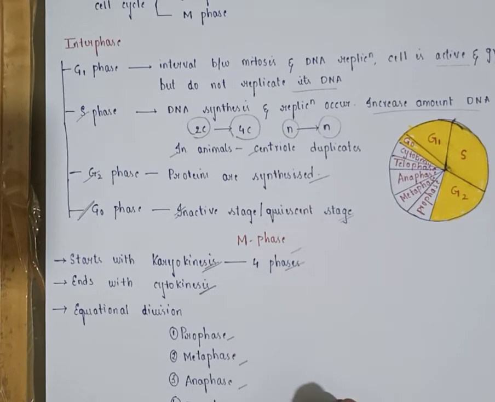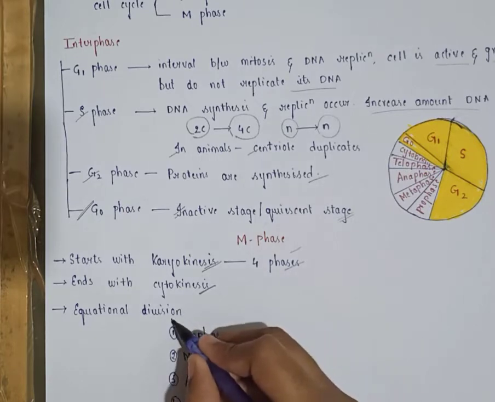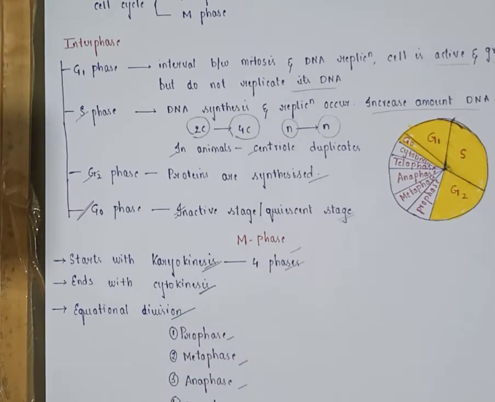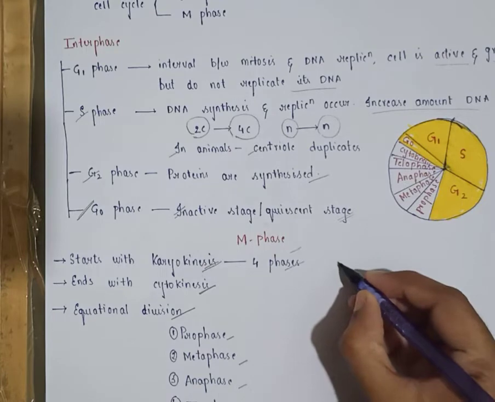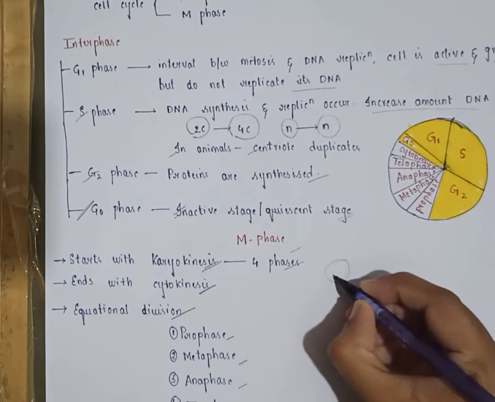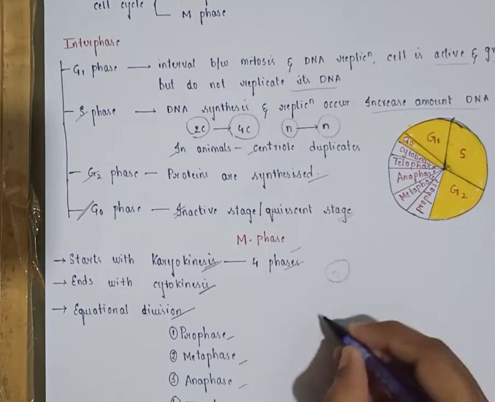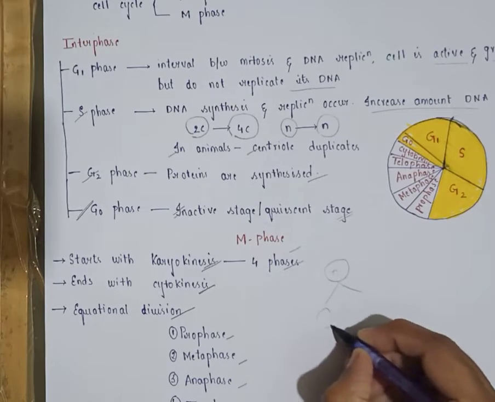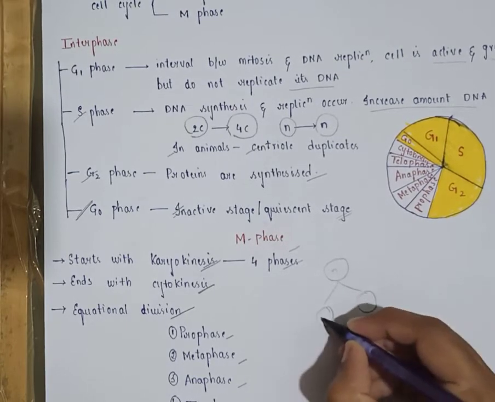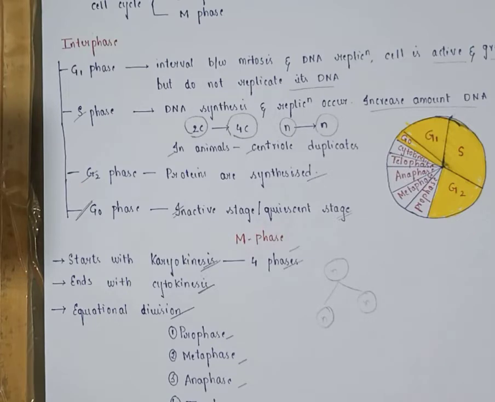And the point to remember is that mitosis is also known as equational division. It means if one cell contains n set of chromosomes, and this is the parental cell and these two are the daughter cells, these also contain a single set of chromosomes.